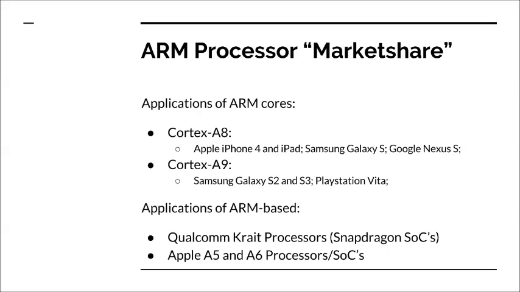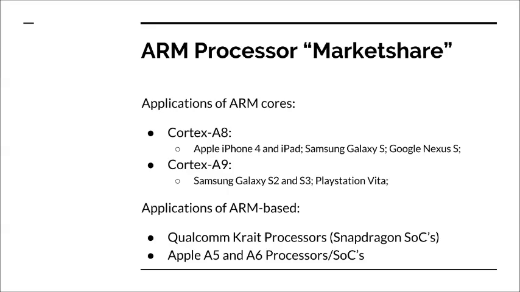And here you can see that the ARM A8 was one of the first to move into the mobile device market in a big way. It was used in the iPhone 4 and iPad, Samsung Galaxy S, and Google used them for their phones as well, and their tablets. And the A9 saw the same amount of success with Samsung phones. It was in the PlayStation Vita. It continued to be in a couple different Apple products as well.